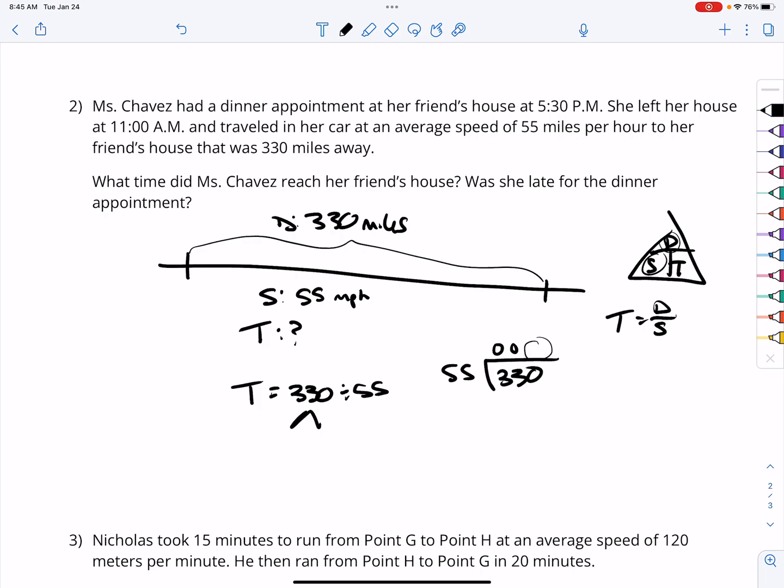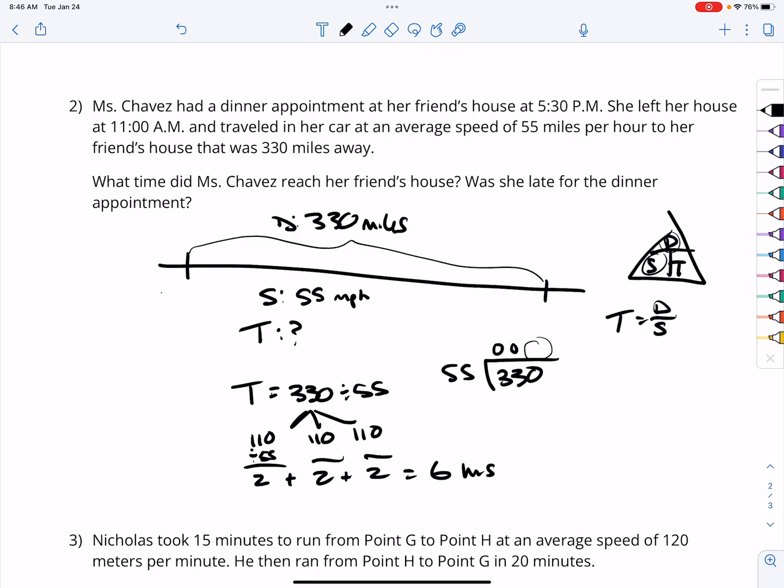So I know 55 plus 55 is 110. And so, in here, there's actually going to be 3 110s. That one's not that bad, actually. So 110 divided by 55 is 2. So that means the time is 6 hours. So Ms. Chavez is driving for 6 hours to get to her friend's house.